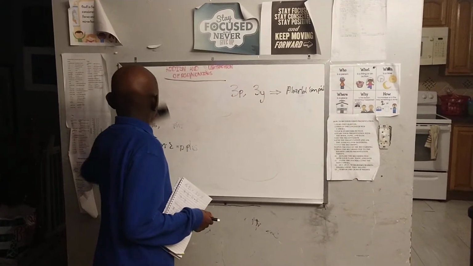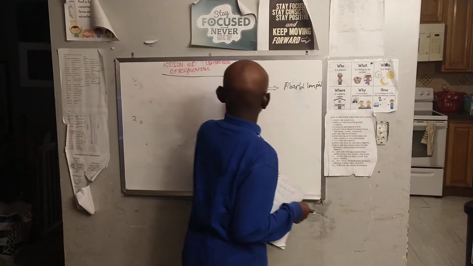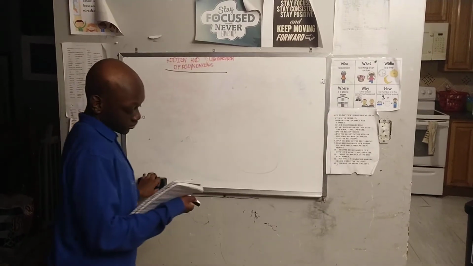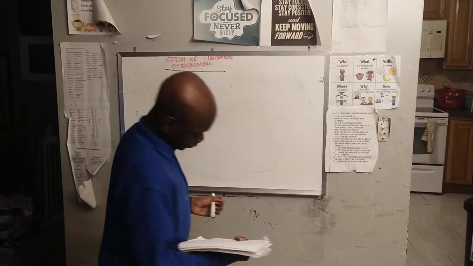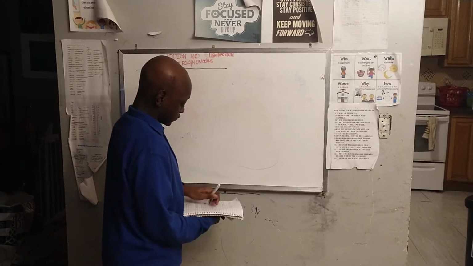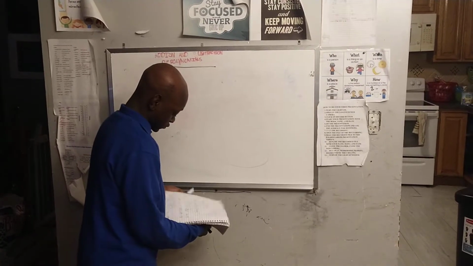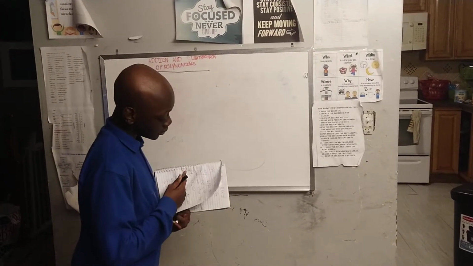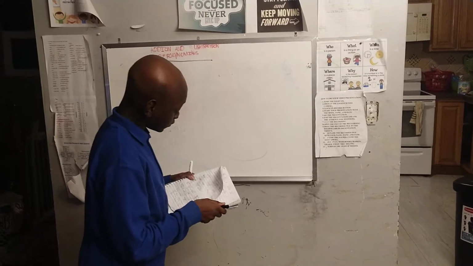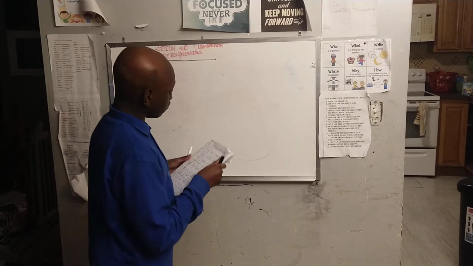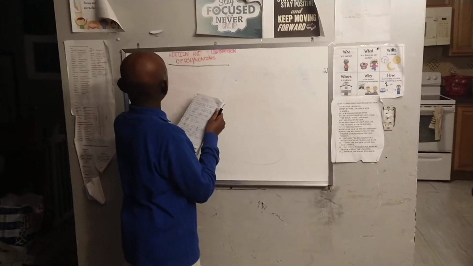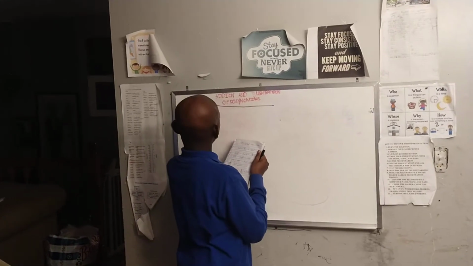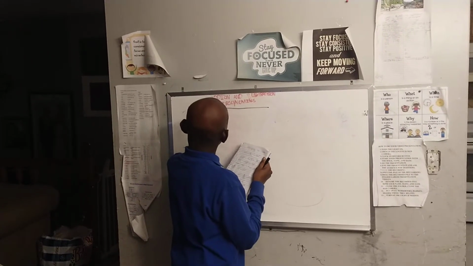Now that we know the basic idea, let's get into some problems. So we have, let's add negative 8t squared minus 4t squared.